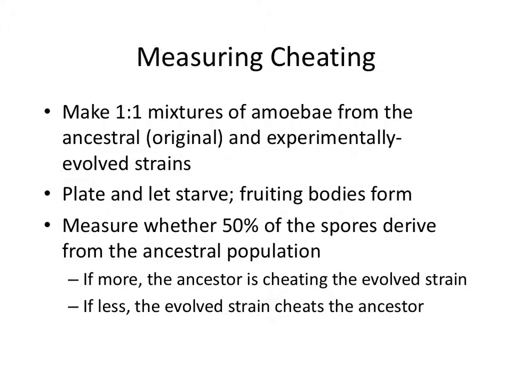If the labeled population has cheaters, relative to the other population you've mixed them together with, what's likely to happen when you look at the cells that are in the fruiting body? The cheaters are more likely to be in the fruiting body if they're cheaters. So you're looking for non-50-50 ratios. You're looking for a fruiting body that's all cheater cells, all from one type of experimentally evolved lines compared to their ancestors.